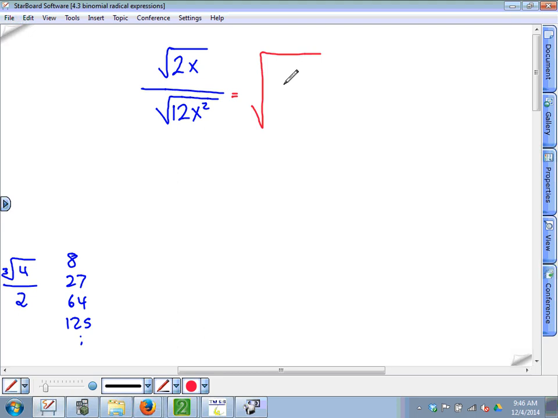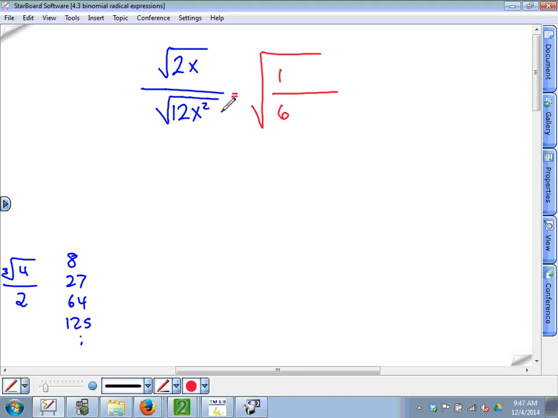Because what would happen there? A lot of things simplify, don't they? Like 2 over 12, that becomes 1 over 6. And then the x on the top, and we have an x squared on the bottom. X over x squared.